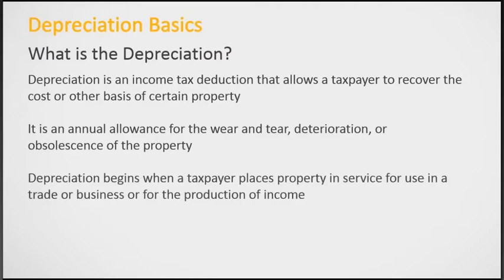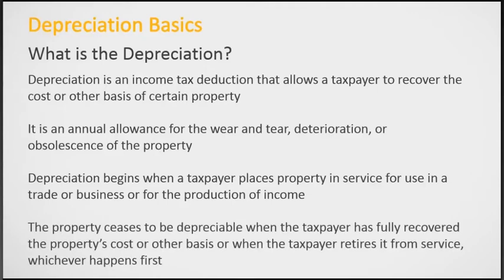It begins when the taxpayer places the property in service, and remember, it needs to be placed in service in a trade or a business that produces income. And it ceases to be depreciable once the basis is fully recovered or the taxpayer retires it from service, takes it out of service, whichever comes first.